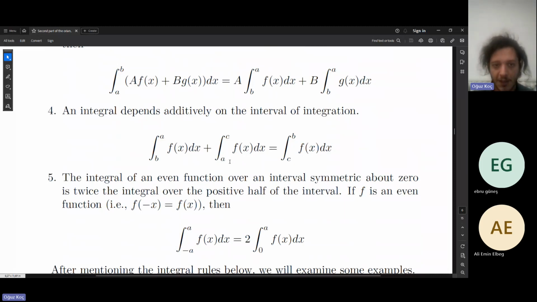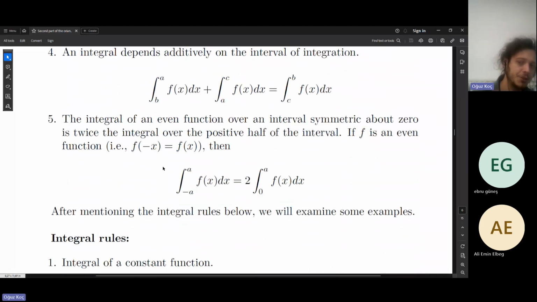In this way, we don't need to calculate two integrals here. We just use one integral and change the limits of the integral.